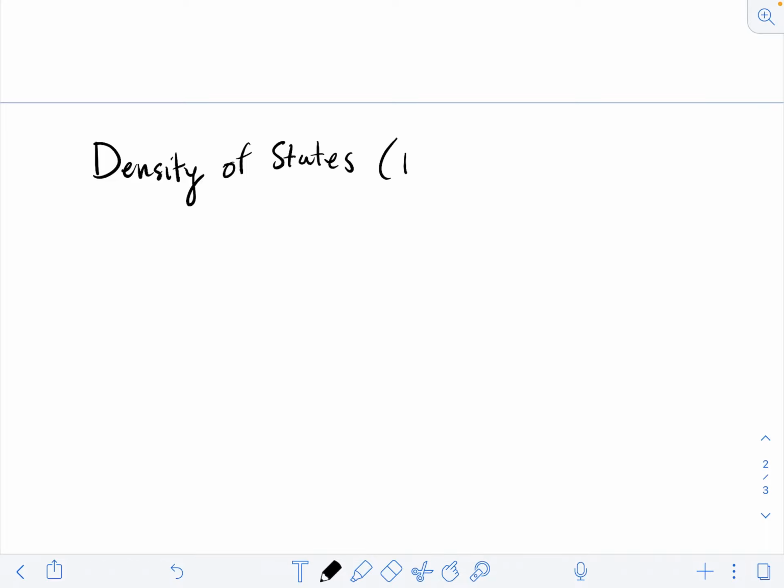All right, so what we're going to try to do first is to write down something called the density of states, DOS. The notation we're going to use is D of epsilon, where epsilon is energy.